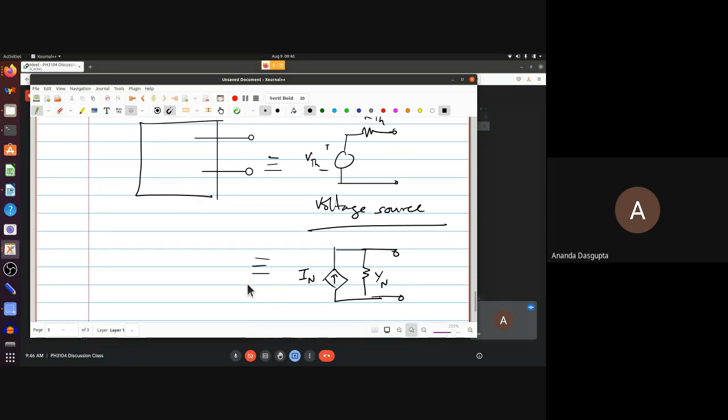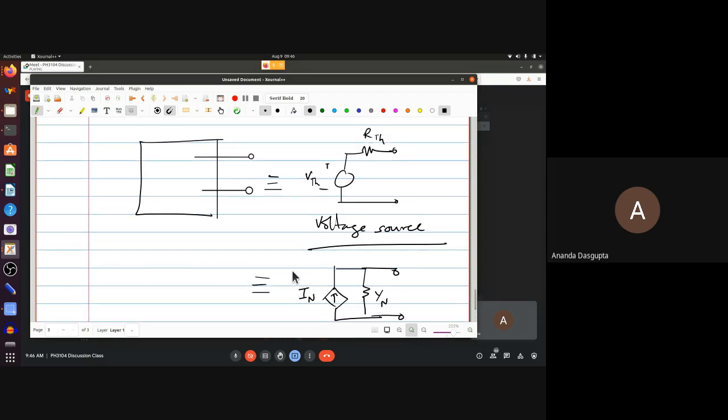Okay? So you might very well ask yourselves the question, then why don't we say everything is a voltage source? After all, Thevenin's theorem does say this is a voltage source. Norton's theorem does say that this is a current source. Now you don't go about calling every circuit a voltage source or a current source, right?